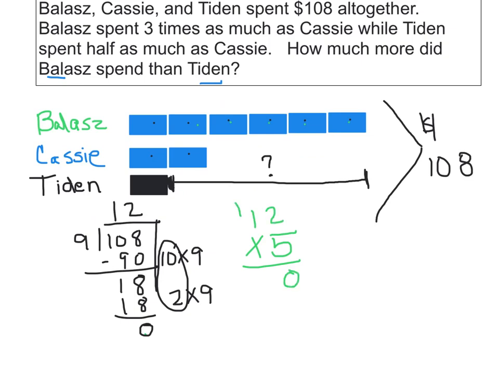Regroup. 5 times 1 ten is 5 tens, plus 1 is 6 tens. So Balazs spent $60 more than Titan did. So from here to here is $60 because there's $12 inside each box.